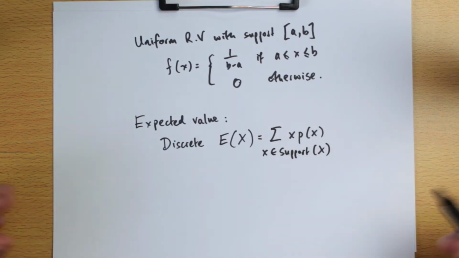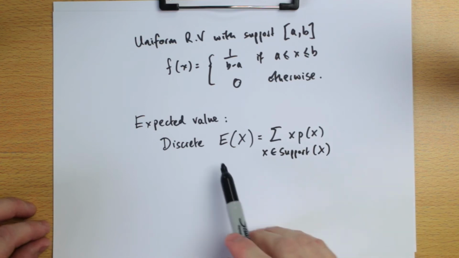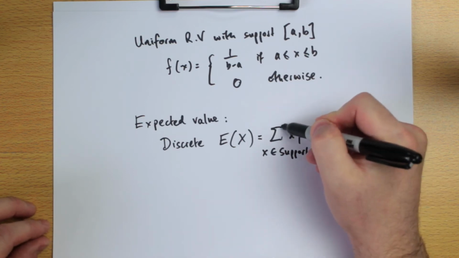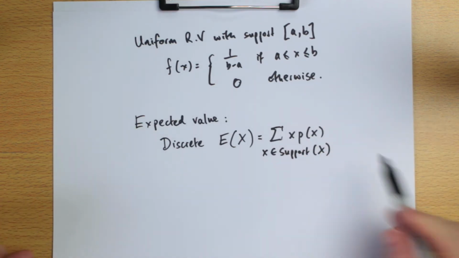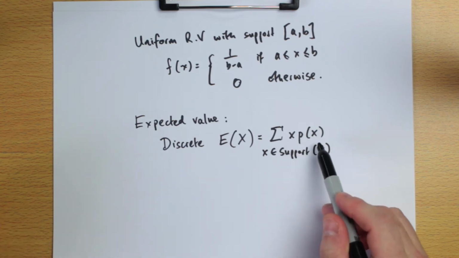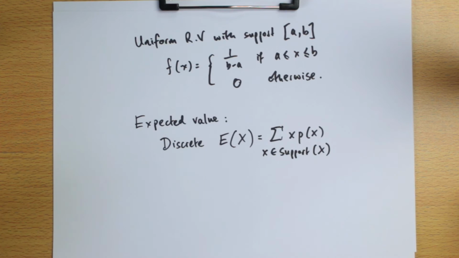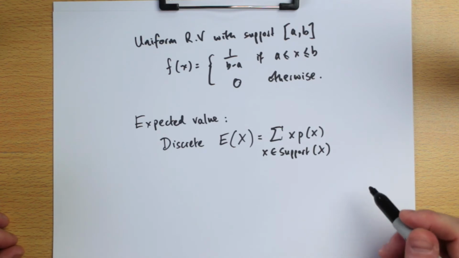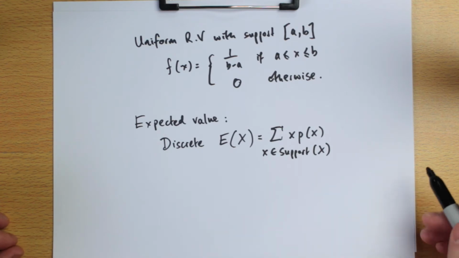There are other ways of writing that, but that's the basic idea, that you are adding up weighted values. You multiply each outcome by its probability for all of the possible outcomes, and that weighted sum gives you the expected value of the random variable x.